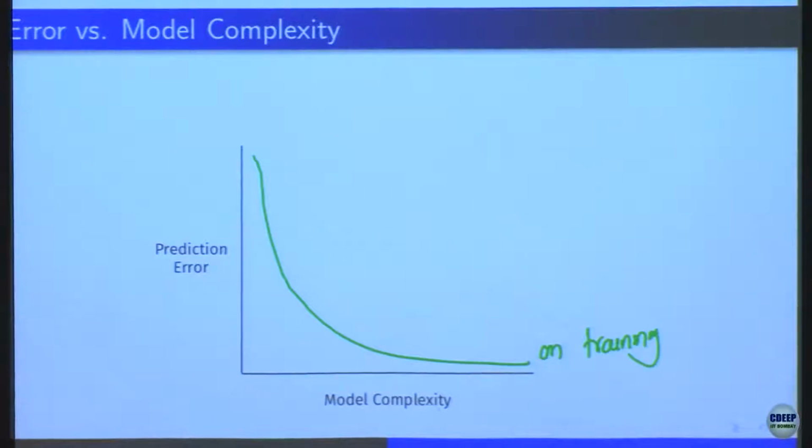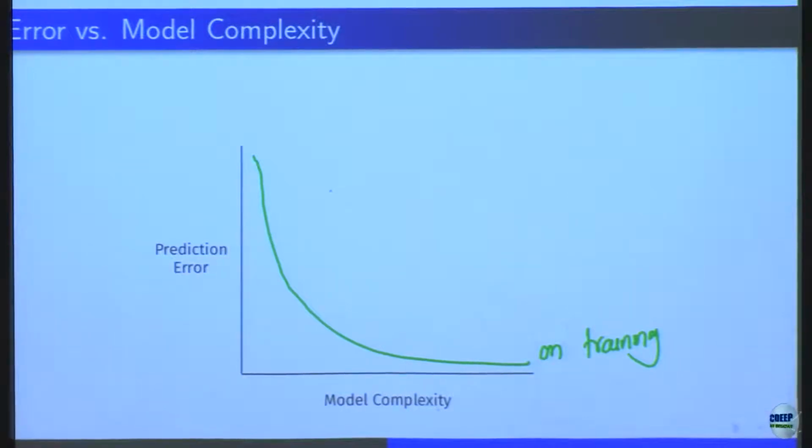On test, what is the behavior you expect? So in test it will not be exactly opposite of training, that doesn't make sense. I mean the training after all is some cousin brother of test, right? So it's just that it will not mimic it exactly all the way through. To some extent it will, and then it will diverge. So how do you think the plot will look like?